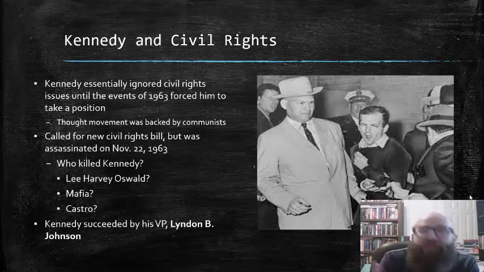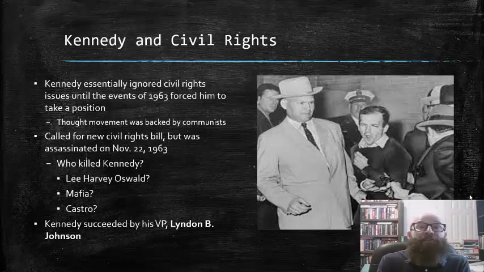Kennedy's excuse for ignoring civil rights issues prior to this was that he thought that the civil rights movement was backed by communists, which just goes to show how deeply embedded in this Cold War paradigm Kennedy and his administration's thinking was. But as a result of the events of 1963, Kennedy called for a new civil rights bill. But before he could push that through Congress, he was assassinated on November 22nd of 1963.